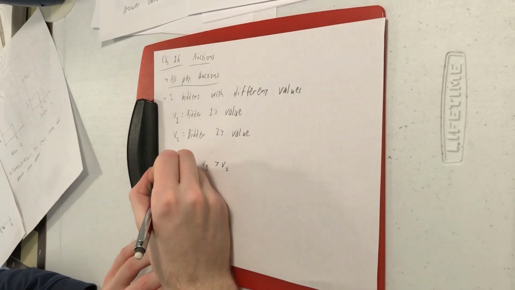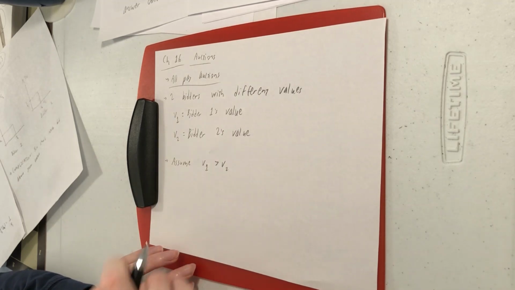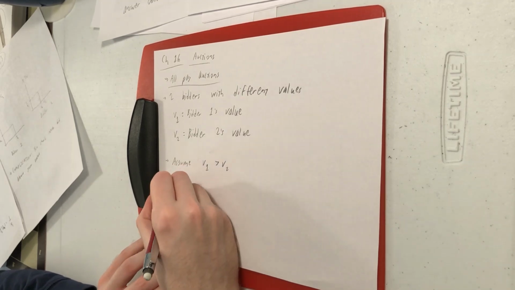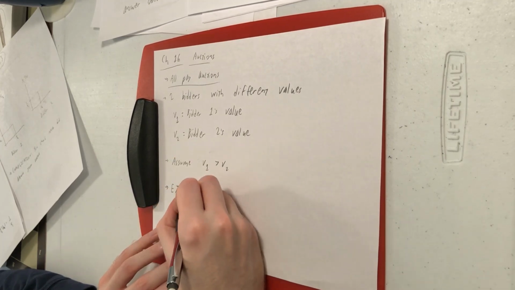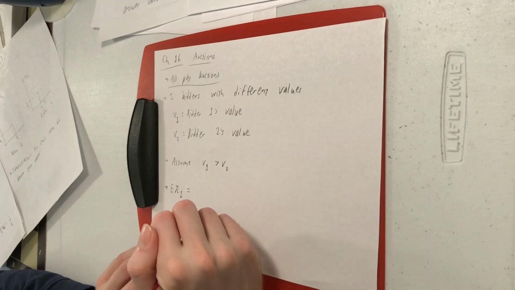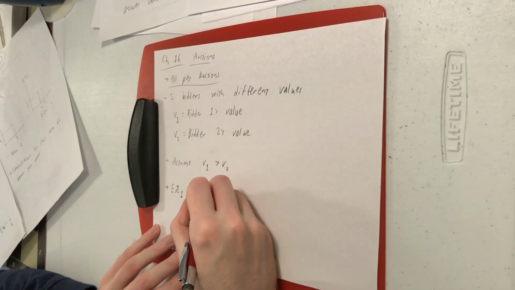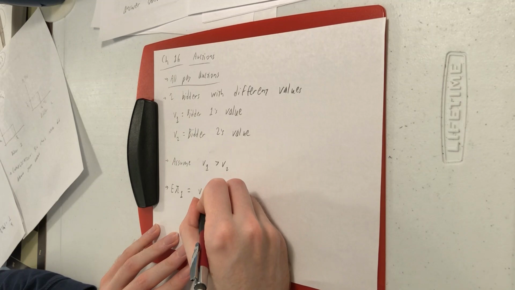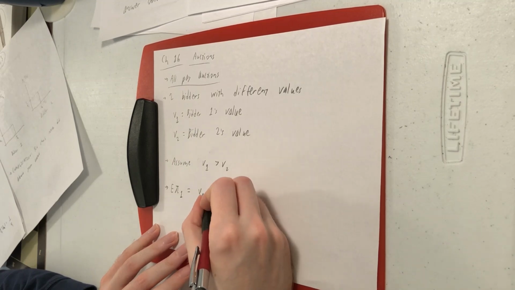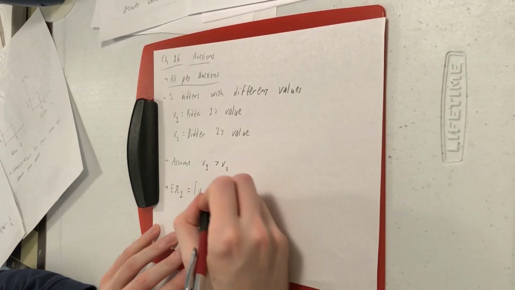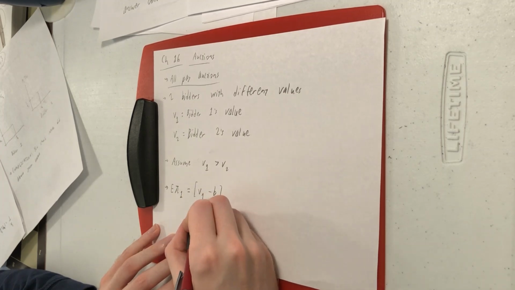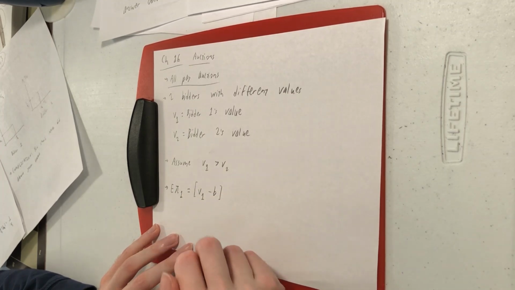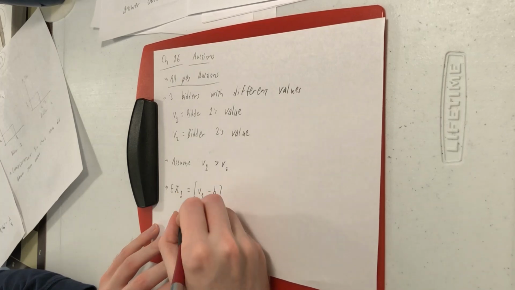We'll start by looking at bidder 1's problem. Bidder 1's payoff is going to be pi 1. Bidder 1's value is V1, and if he wins, he gets V1 minus B. So you get the value of the object, in your opinion, minus what you had to pay for it.